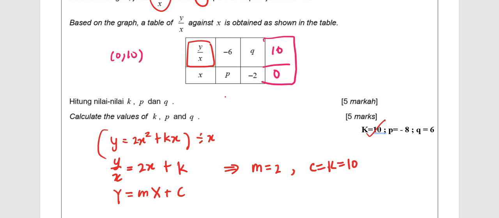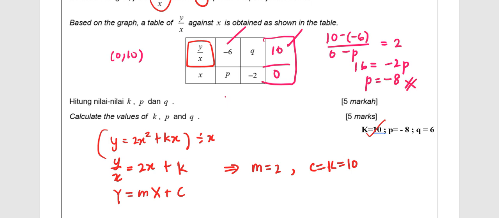Okay, so 10 minus 6 over 0 minus p. I take this pair first, and the gradient should be 2. So 16 equals negative 2p. So p should be equal to negative 8.